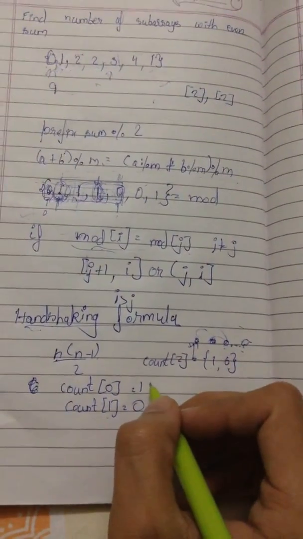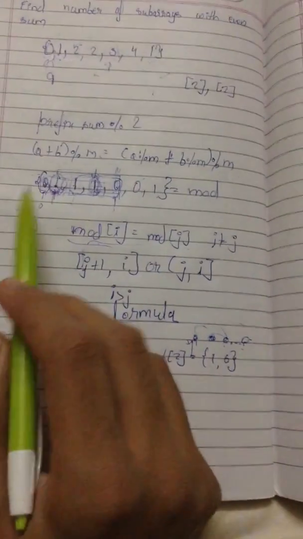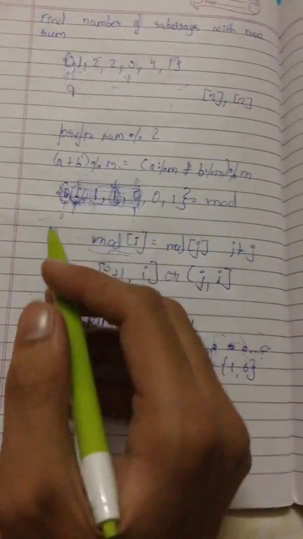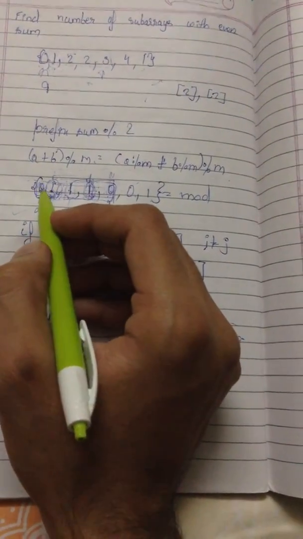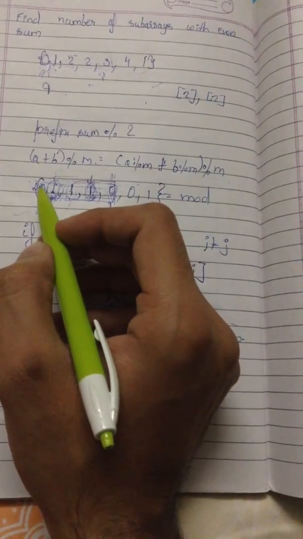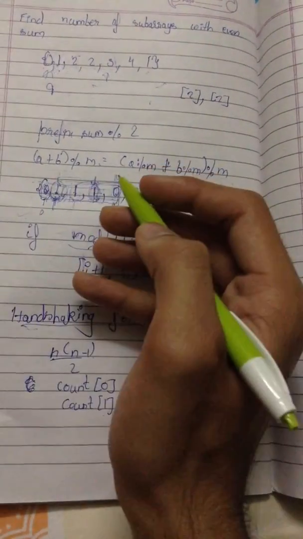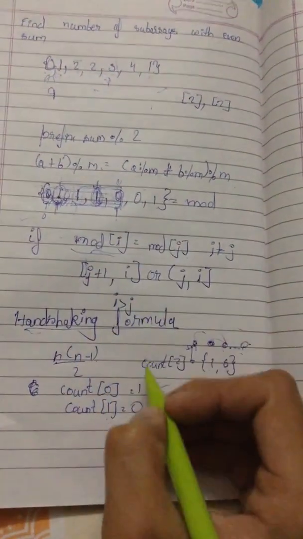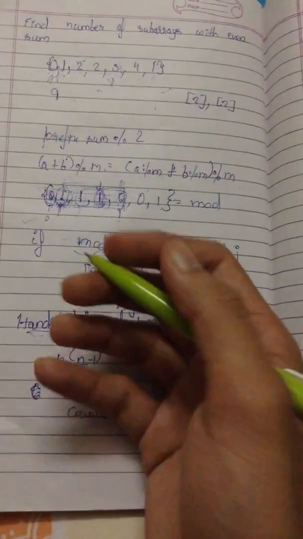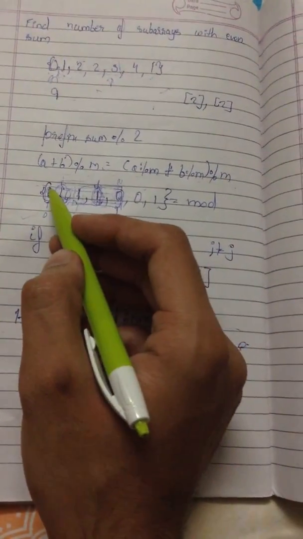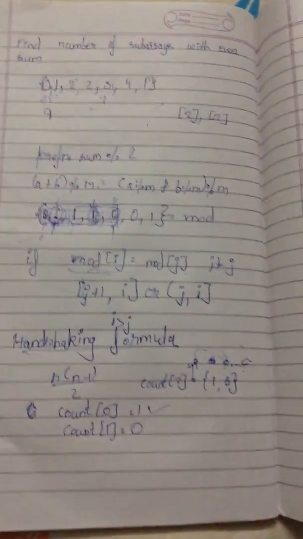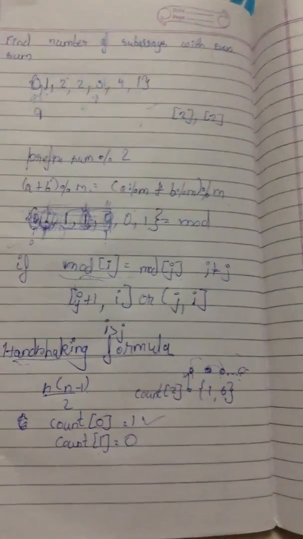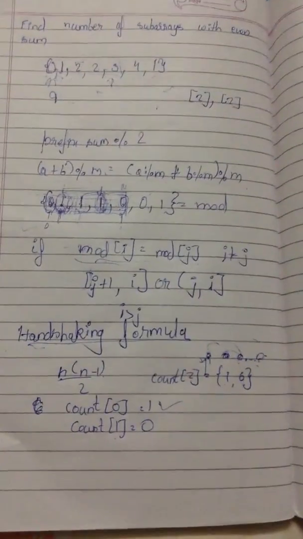You must be wondering why this is 1. Like I just told you before, by default we are considering the empty subarray, with no element, as an even sum, that is the subarray having mod 0.